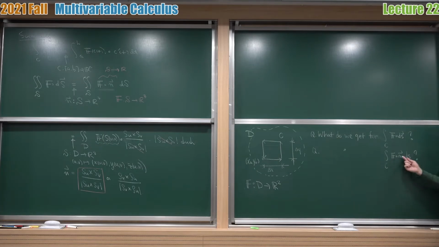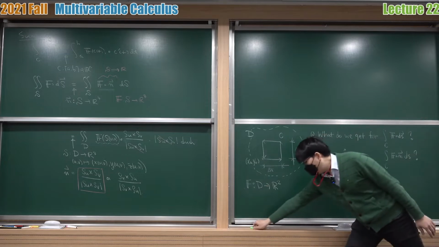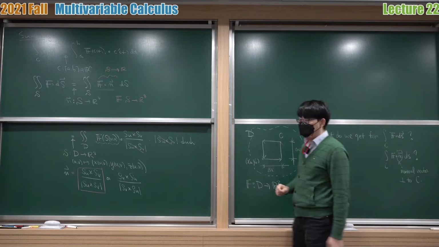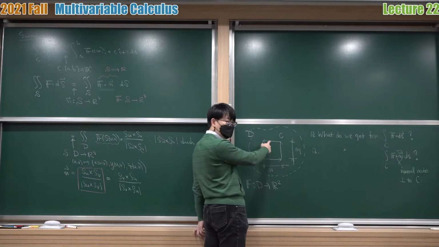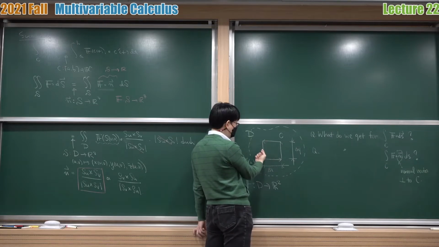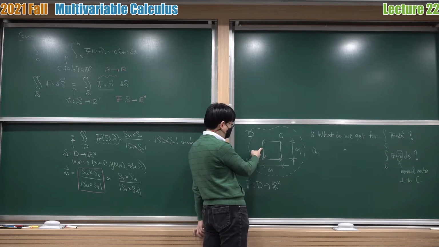in a perpendicular direction, where n is the normal vector perpendicular to the curve C. Okay, so at every point. For example, if you pick a point up here, then the normal direction is either upward or downward. Or if you pick a point on the left bar, then the normal direction is either left or right.